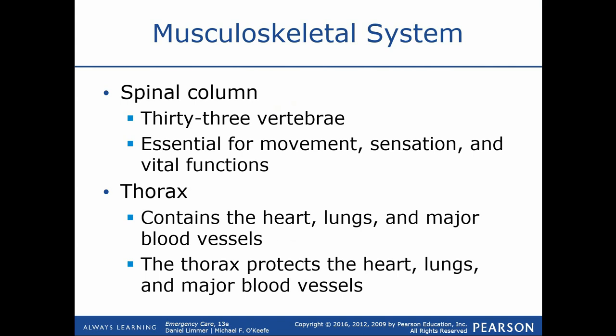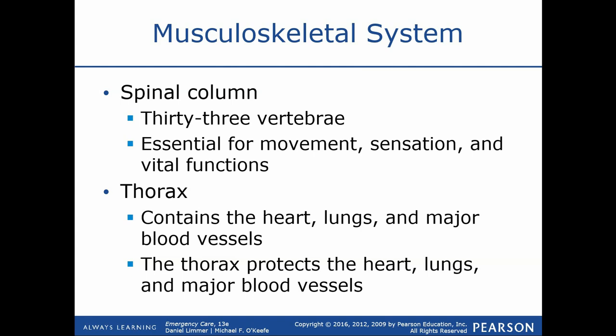The spinal column itself has 33 vertebrae. So this is kind of interesting because when we think about the spinal column, we oftentimes associate that with the spinal cord, when in fact they're two completely unrelated items. Now, granted, the spinal column does house the spinal cord, and it's in existence there not only as a support structure, but also to protect the spinal cord. But they are essentially disassociated.